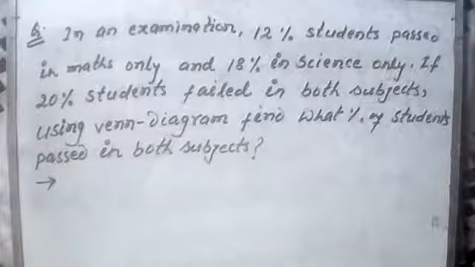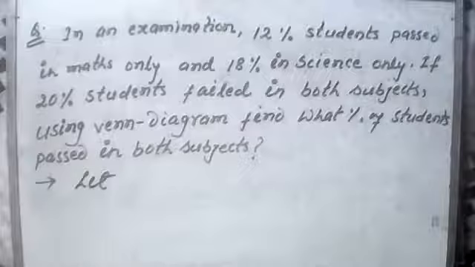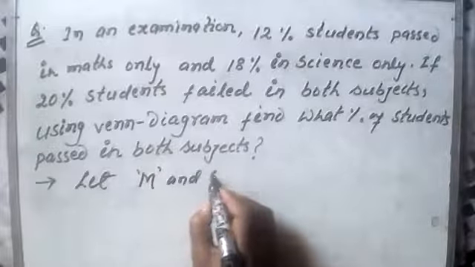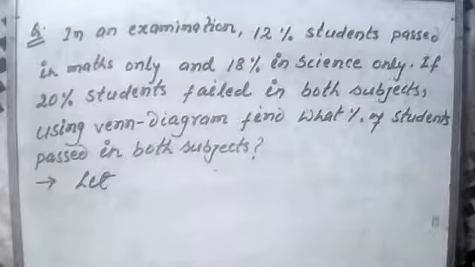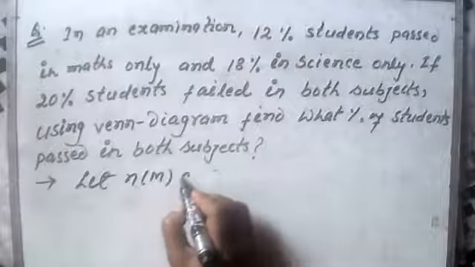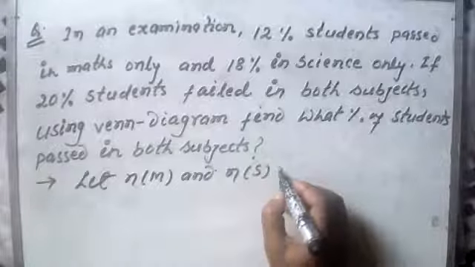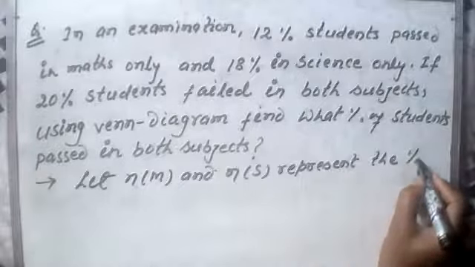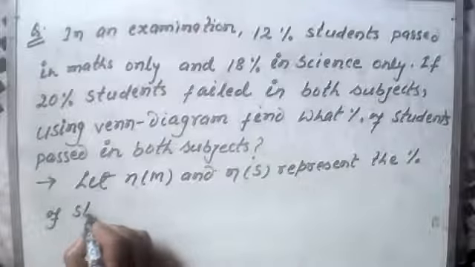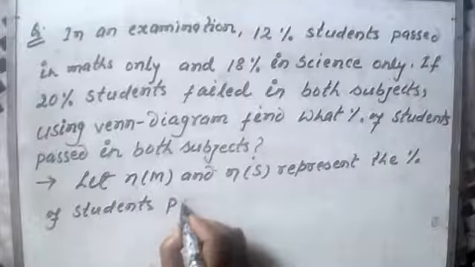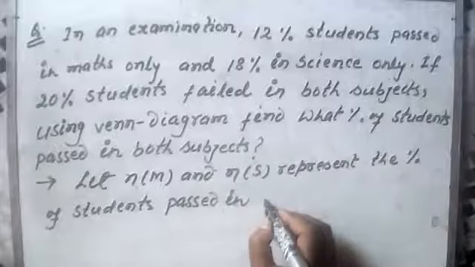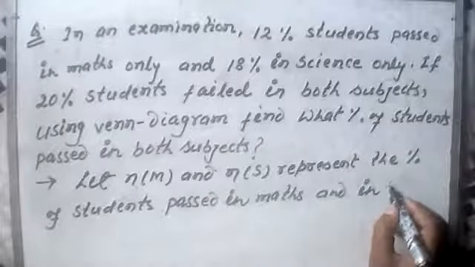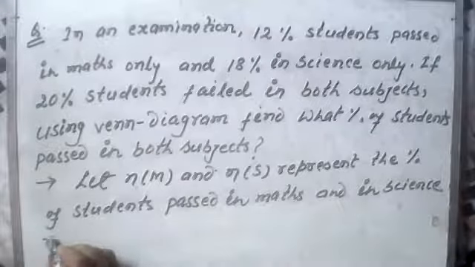Let M and S, or we can write NM and NS, represent the percentage of students who passed in maths and in science respectively.